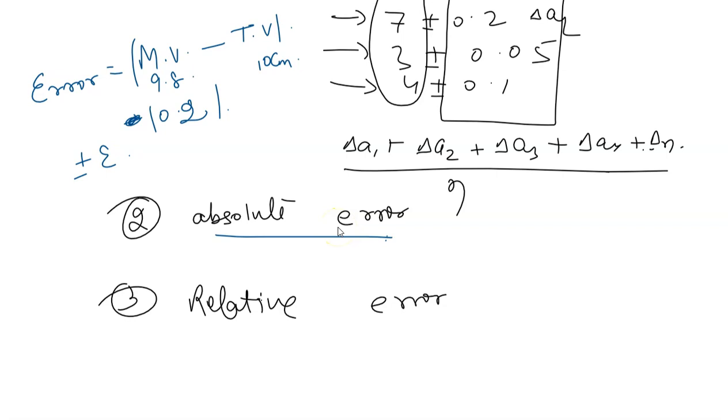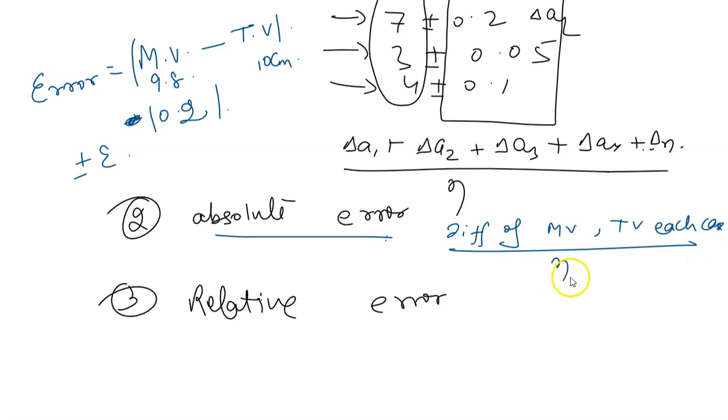First, to find absolute error, we just take the difference of the measured value and the true value in each case, and then we divide this by the number of observations.